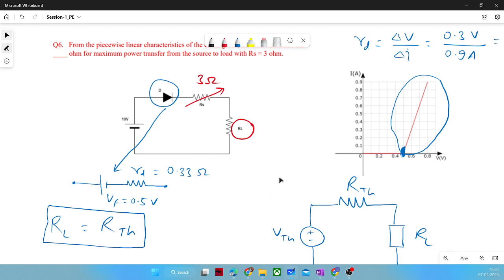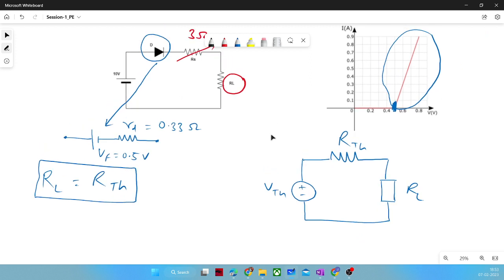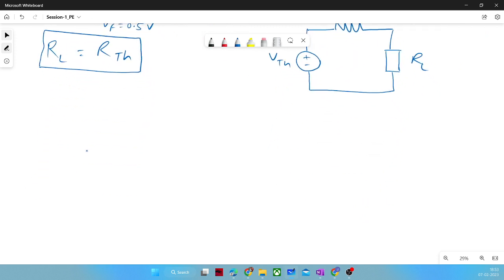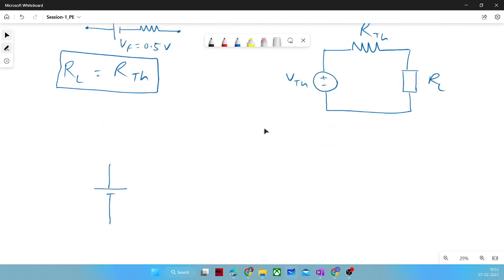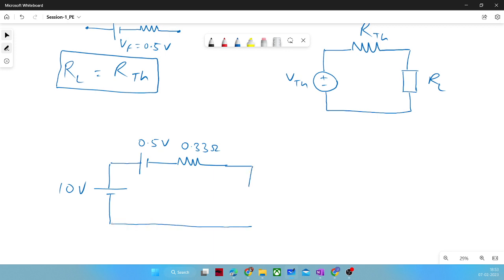Now you can replace this circuit. I will replace this circuit again. That source voltage was 10 volt, I guess. Yeah, 10 volt. And the diode is modeled as VF was 0.5 volt, and RD is 0.33 ohm, and your RL is given.